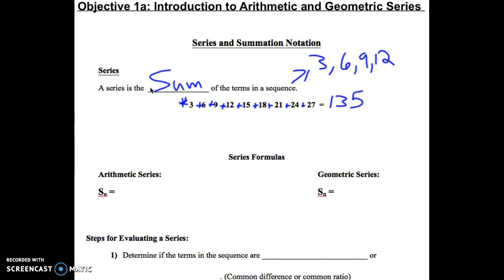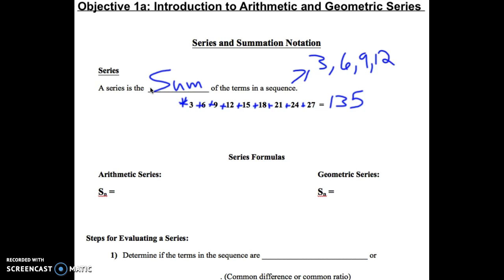For instance, and we're going to talk about this later on with real world problems, let's say you start with $1, but you add $1 each time to what you're giving to yourself, so it goes 1, 2, 3, 4, 5, 6, all the way for a year.